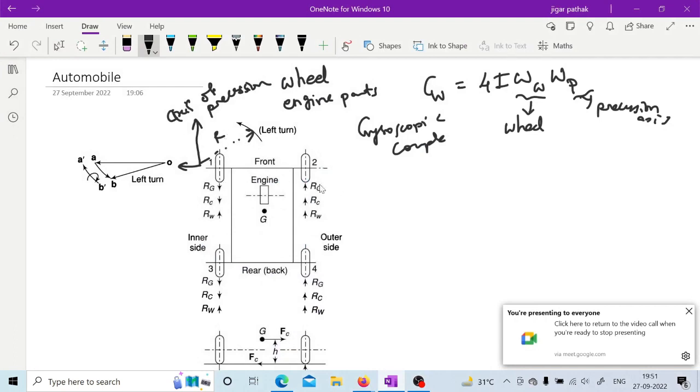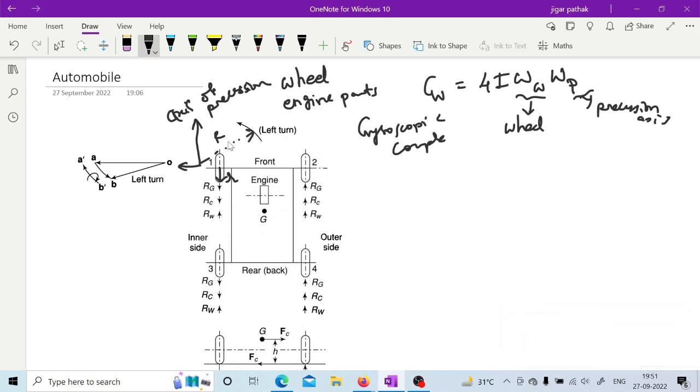And in case of this wheel, let us say the wheel radius is small r, and the radius of curvature is capital R. For both omega w and omega p, the vehicle's linear velocity v is going to be considered. If you consider linear velocity, then omega w will be v by r and omega precession will be v by capital R, right?